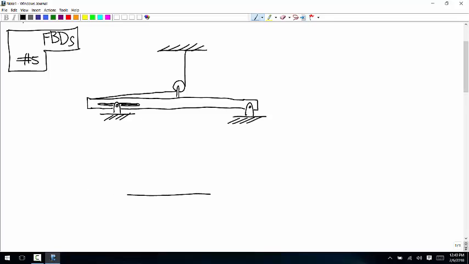So it would look something like this. And now the forces, there'd be a weight here. There would be a cable tension there and there and there.